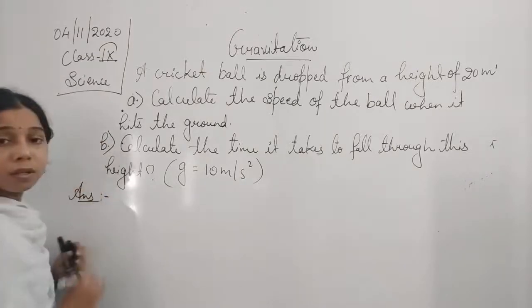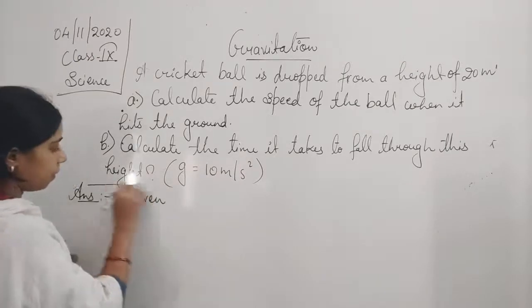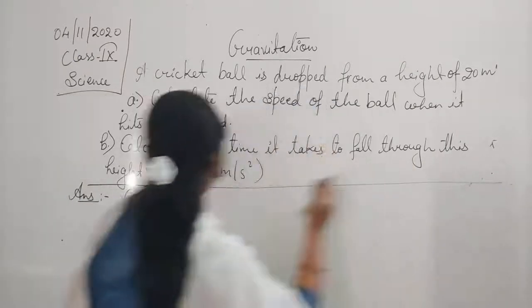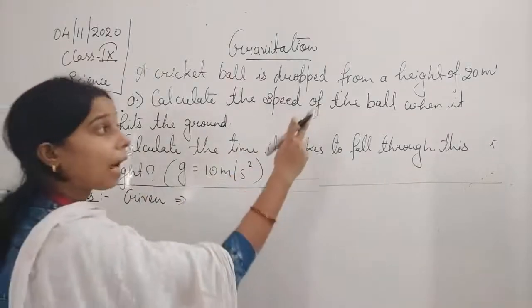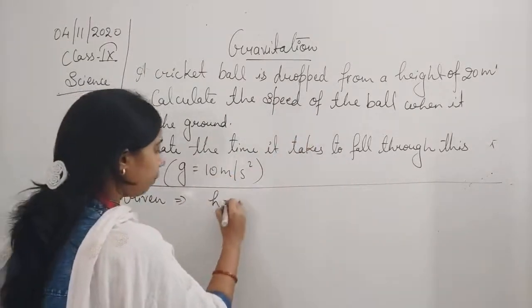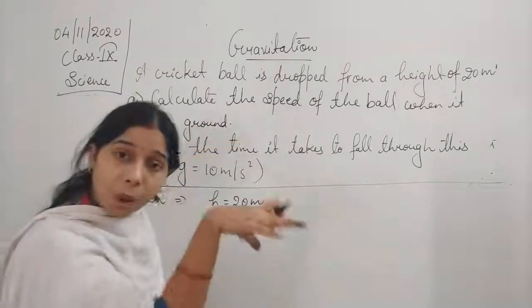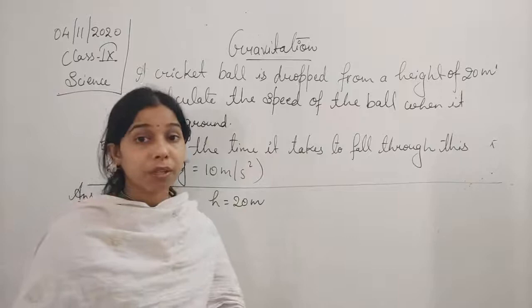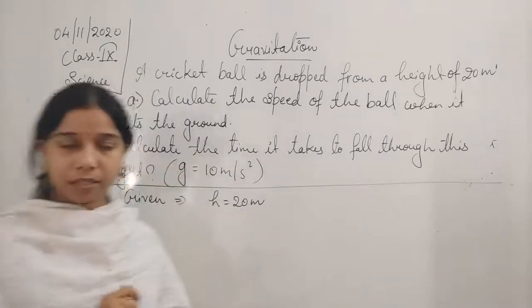So let us write it. The things which are given here: the height is given, so h equals 20 meter. And the ball is dropped. Now we are not throwing it in the upward direction, but dropping it in the downward direction.